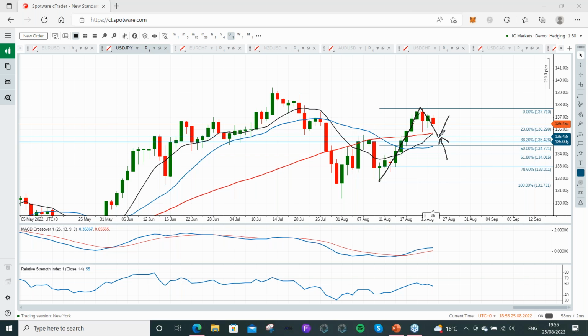Now I'm going to buy this in anticipation that price is going to continue trending. And price continuing to trend means I have to continue to see higher lows and higher highs. So if I'm correct that this is the higher low, and that price is going to continue trending, then I need price to move up here and give me a higher high. If at this point I get a bullish candle, let's say a candle that looks a bit like that, I'm going to put my stop loss beneath and my entry at the top.